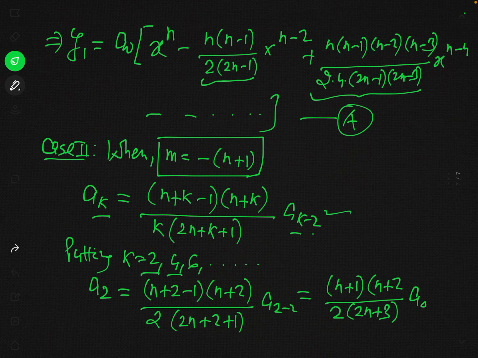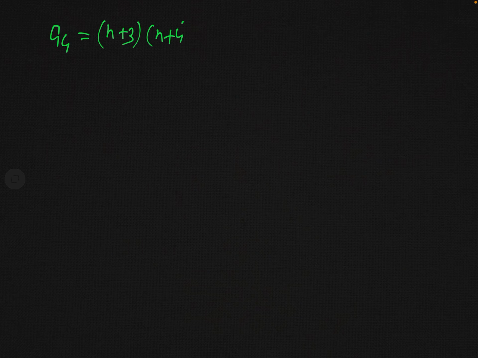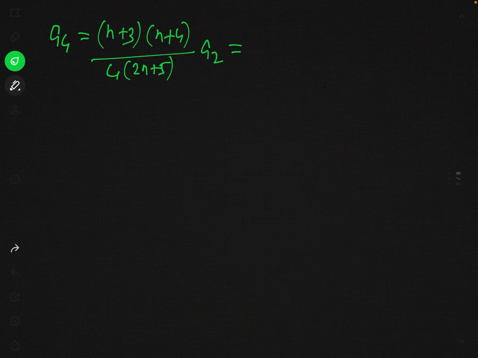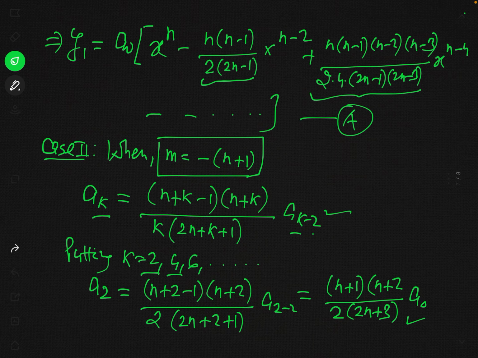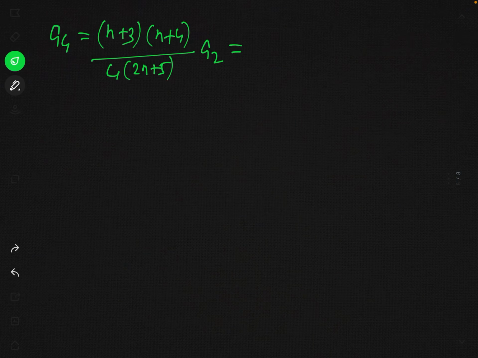Similarly, substituting k equal to 4 in this equation, you can get the value of a4. You can do the algebra: a4 will be equal to n plus 3 into n plus 4 over 4 into 2n plus 5 into a2. Now a2 has already been obtained, so substitute this value of a2 in this equation.